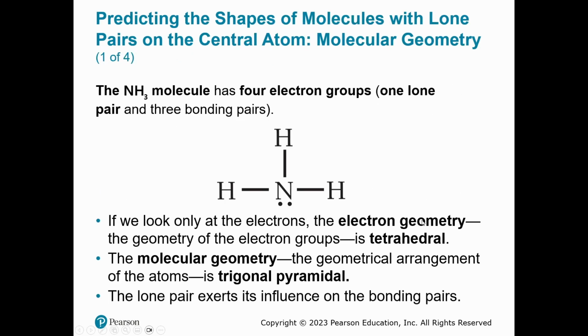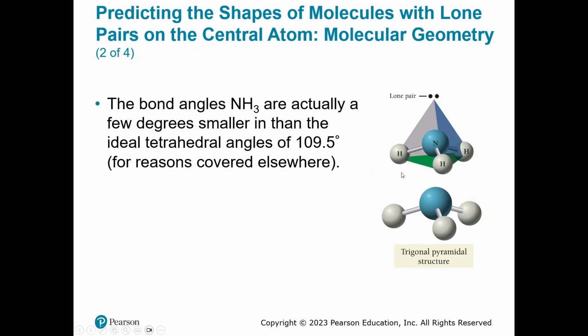So sorry to jump back and forth, but we have it right here. Bottom of the tetrahedron, lone pairs up top. The bond angles are identical to tetrahedral because this is a tetrahedral molecule.